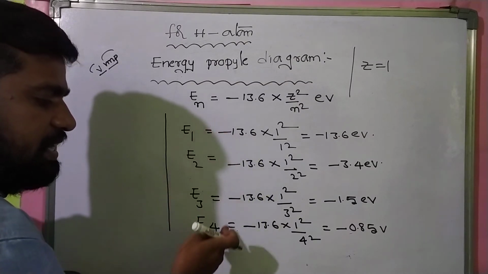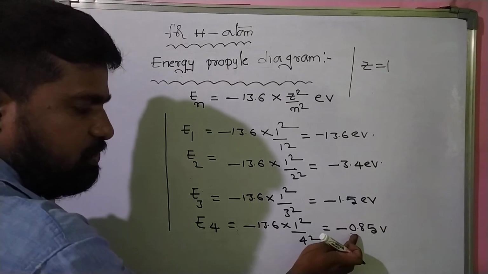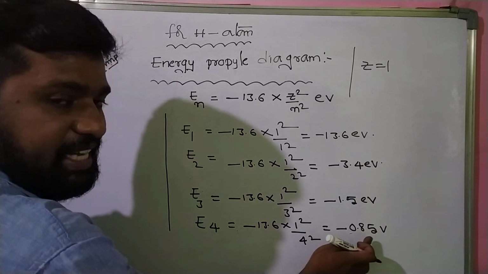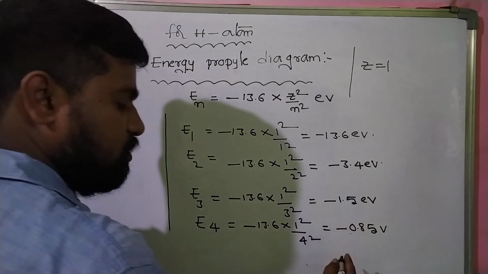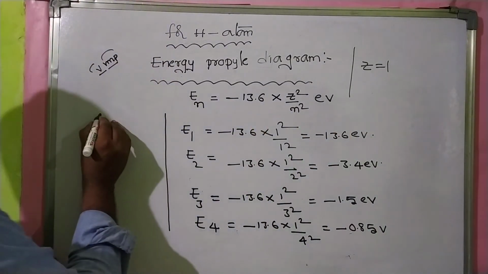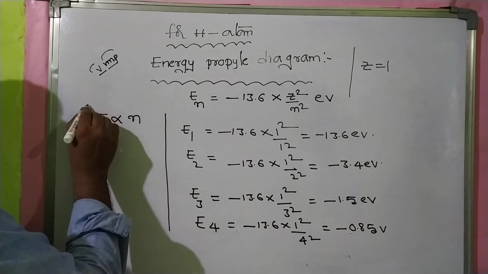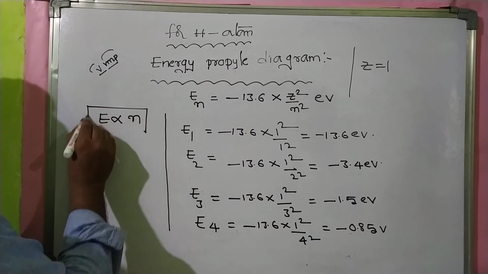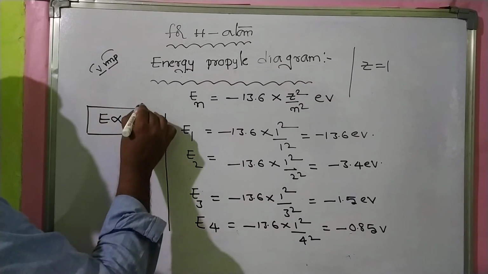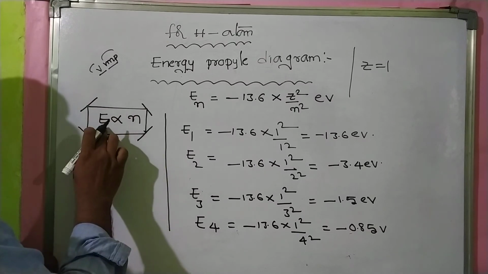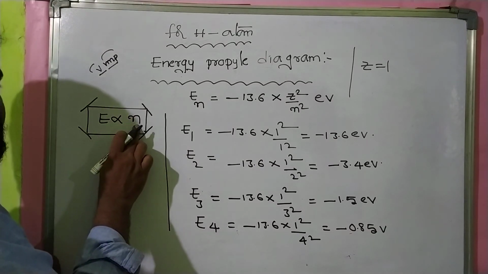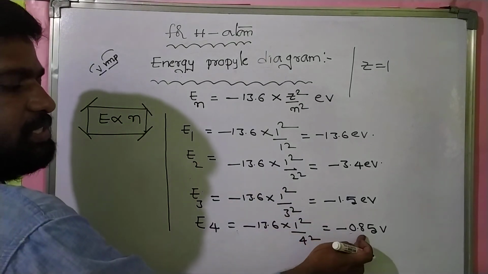As n value increases, energy increases. So E is directly proportional to n. Very important expression. Listen everybody, when n value increases, the energy also increases.